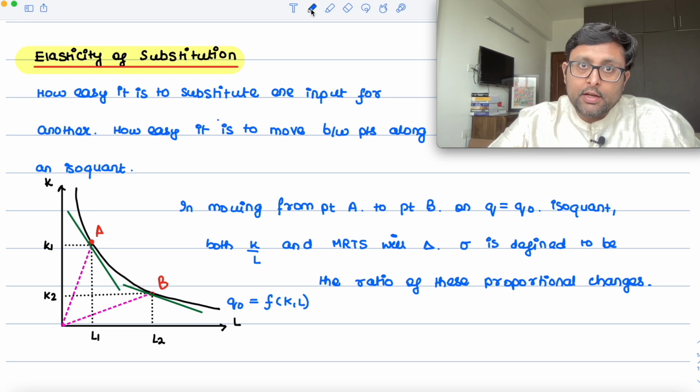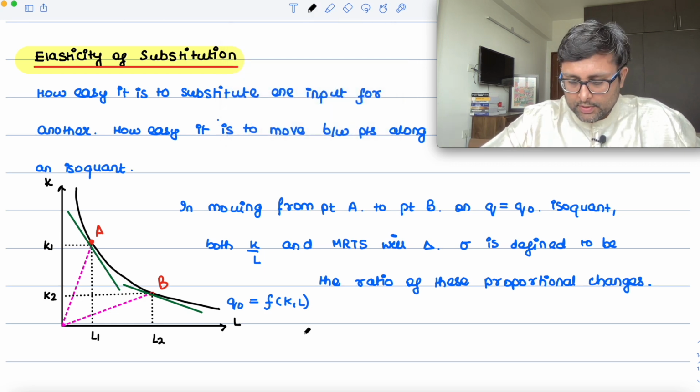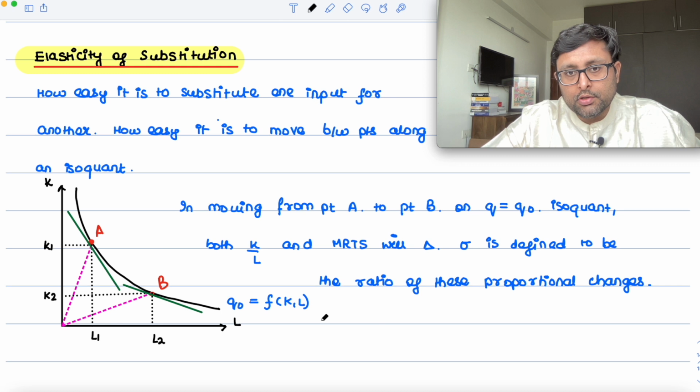So let me also write a formal definition so that you understand this.